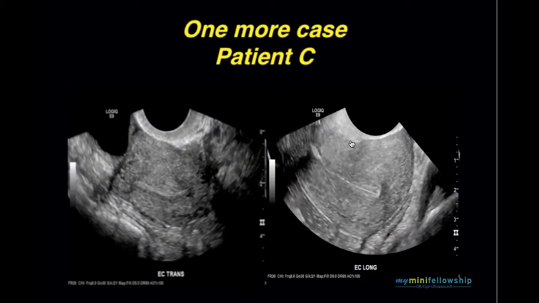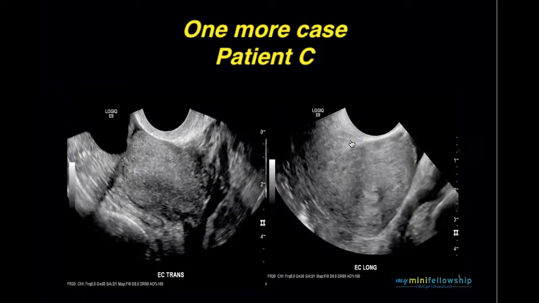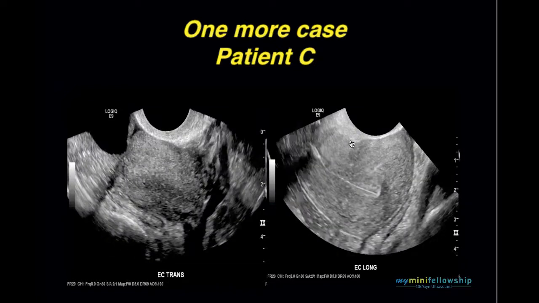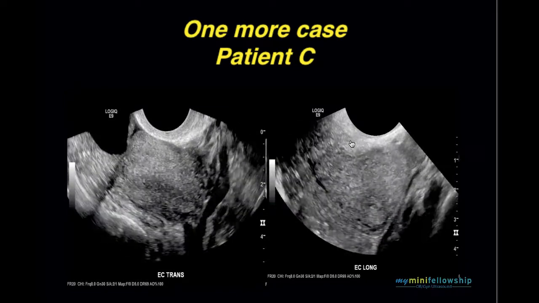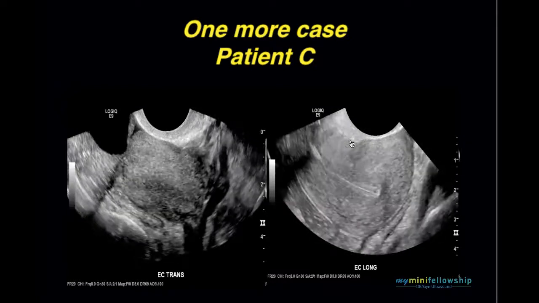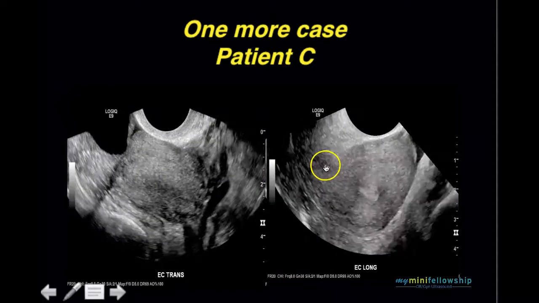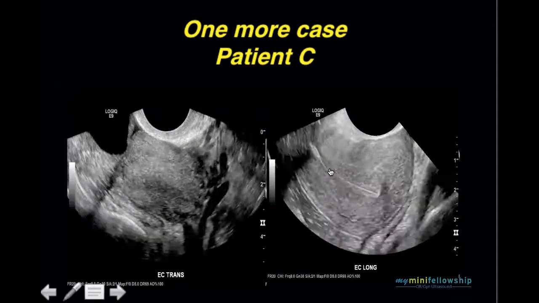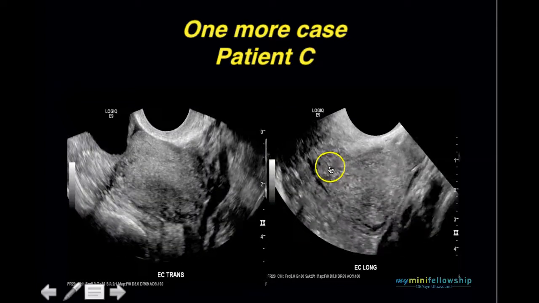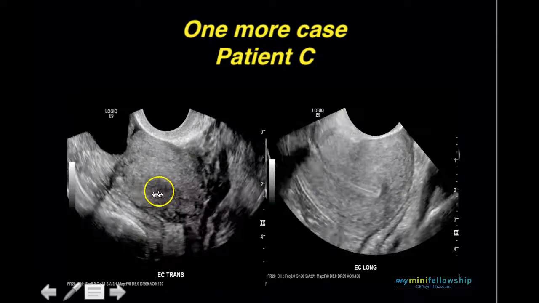I'll let you look at one more case here. That is not well positioned. Again, that's correct. It is where? Lower down here you can see some myometrial embedment, I would say. I don't even really see the IUD in this picture.